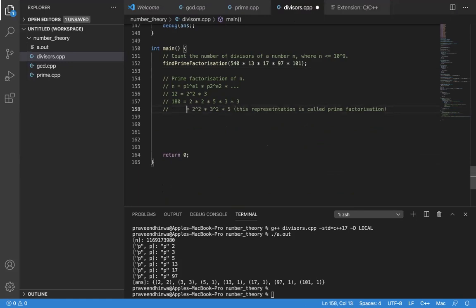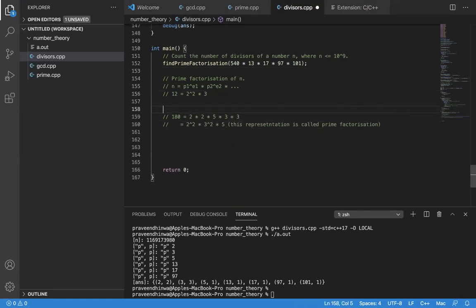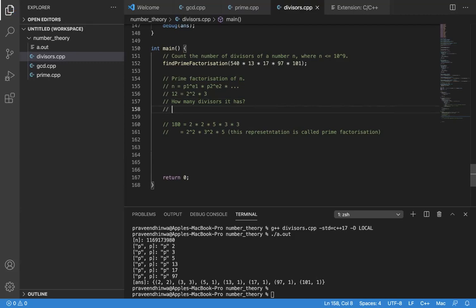Take the number 12. Its prime representation is 2 power 2 into 3. So how many divisors does 12 have? Can you use some combinatorics to get this answer?